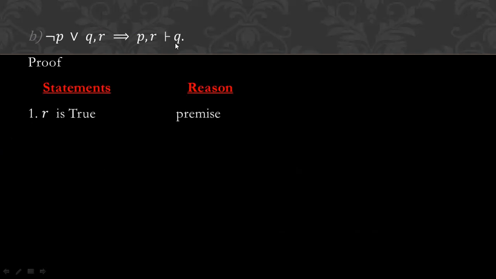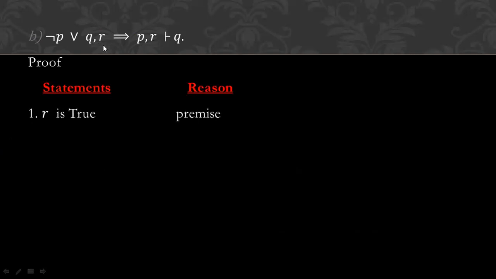Okay, the second example, that's B: negation of P or Q in the first premise. We have again R implies P, second premise, and R is another premise, so the conclusion is Q. Then formally, the proof of this one will look like the following.